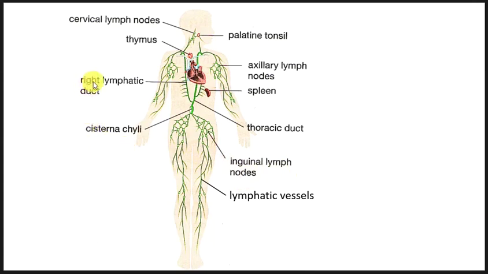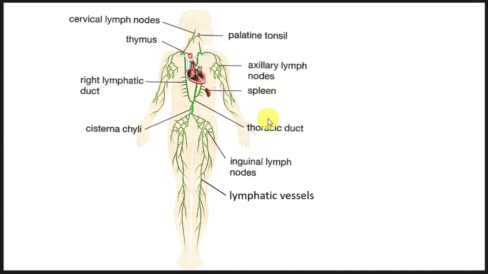Then here we have the right lymphatic duct. Here we have the axillary lymph nodes in the armpits. Then we have cervical lymph nodes here in the neck. And there are also other organs, the palatine tonsil.